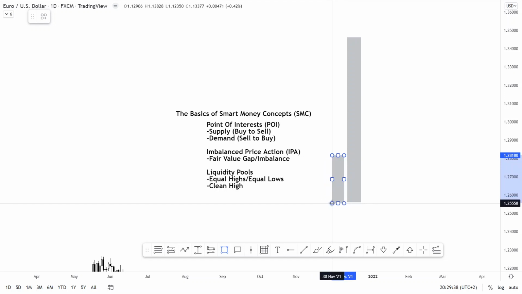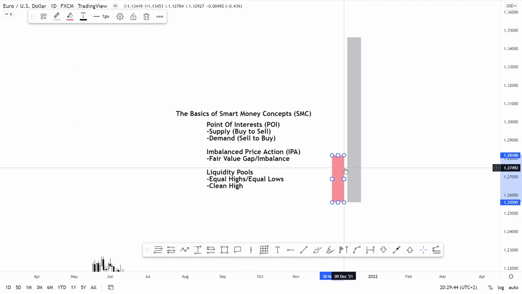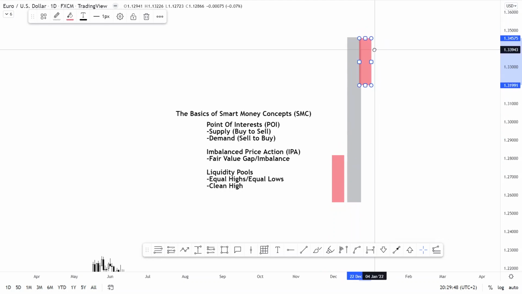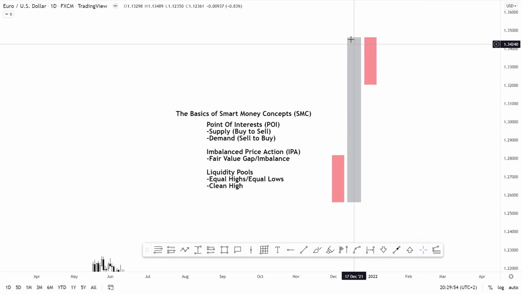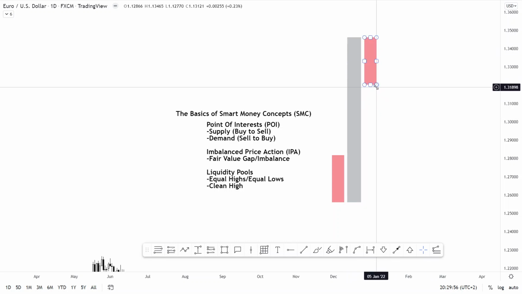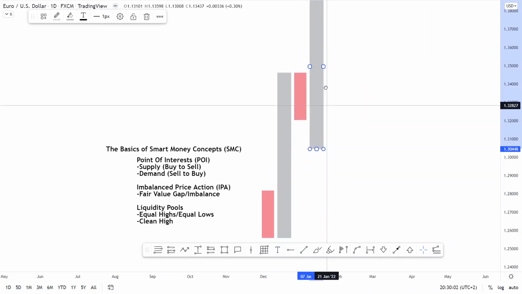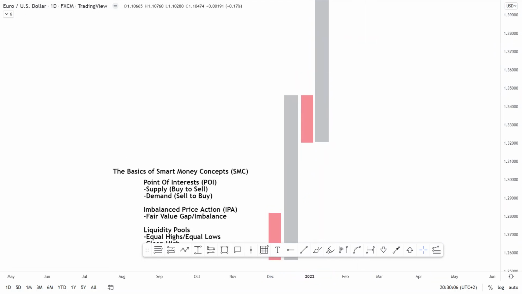So let's say you had a down move, and then after that you had an up move which showed a bit of volatility, right? And then after the closure of that bullish move, you got a bit of a down move here, and then you got a continuation in the other direction, in the bullish direction, right?